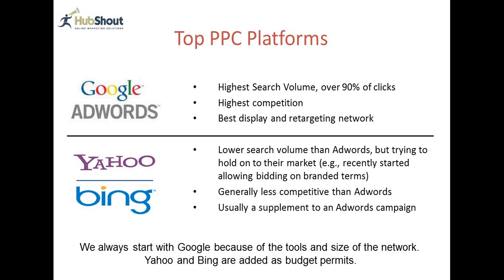Sometimes it's the actual name of the company, but sometimes it's like the Kleenex example: people call facial tissues Kleenex, so someone could be searching on a category that's so well associated with a brand that it's important to be able to put your message out in front of people searching for that type of brand. So they've recently opened up the ability to advertise on branded terms, which I think was a great move, and they should have done it a long time ago.